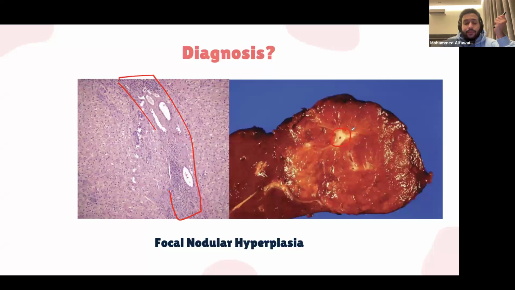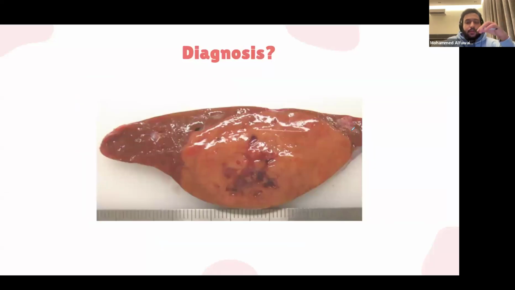Remember this finding. This patient has a big subcapsular mass. Good. What subset of patients have this adenoma? Women, more specifically, of reproductive age, around 30s. What's it related to?